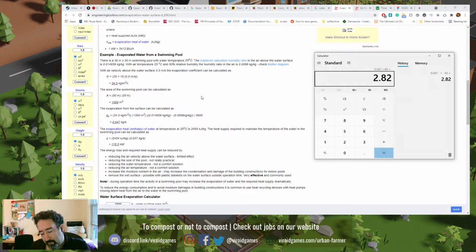So in a day, if the swimming pool is running, every day you are basically feeding 68 liters of water. So that's a lot of water, man. It's a big swimming pool, mind you.